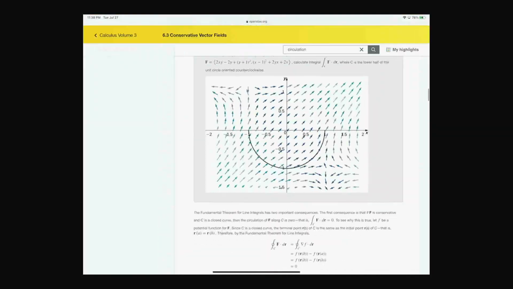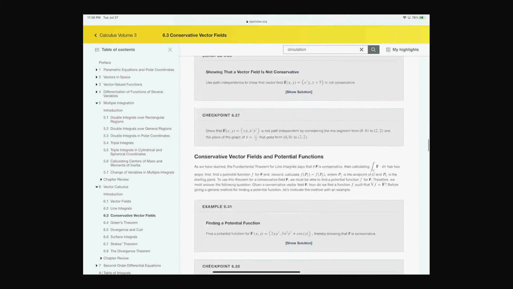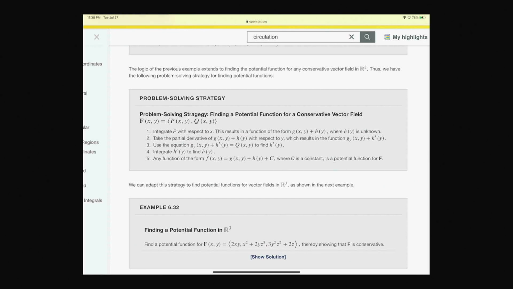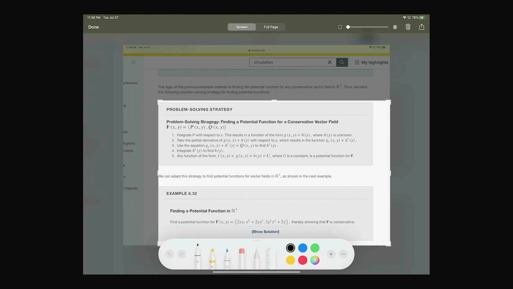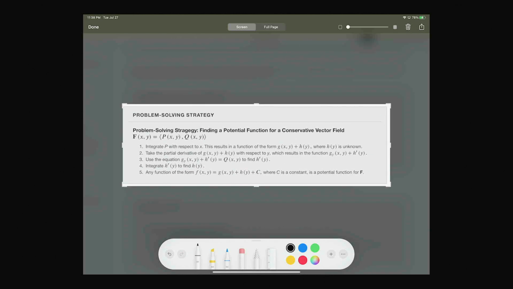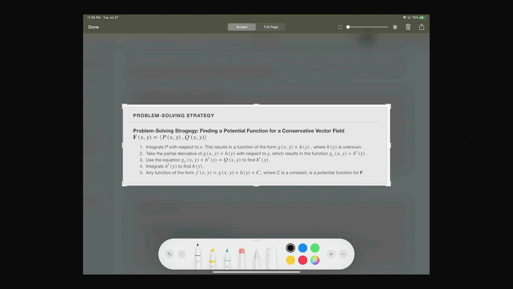Oops, not quite what I wanted. What I did want is I wanted to distill their problem solving strategy for this. Because we did this in the previous section, but make bigger. Okay, good. Good enough. Done.